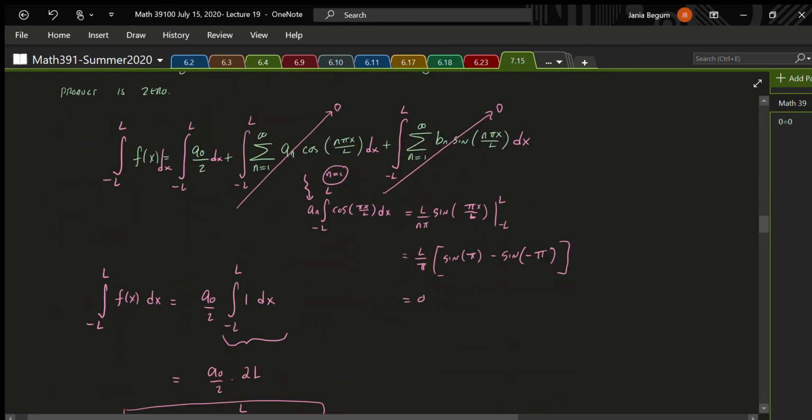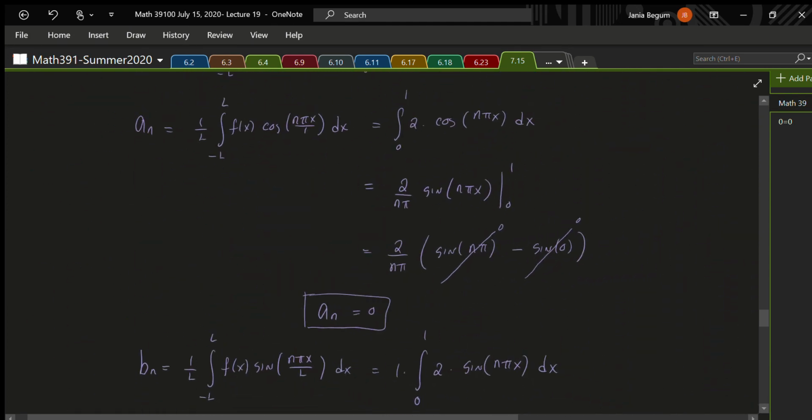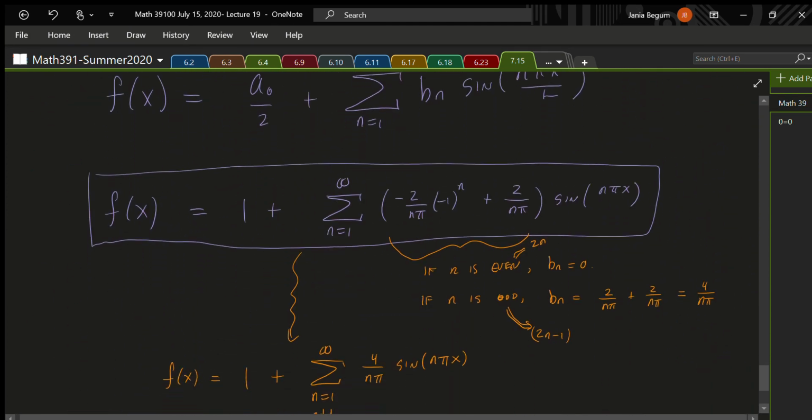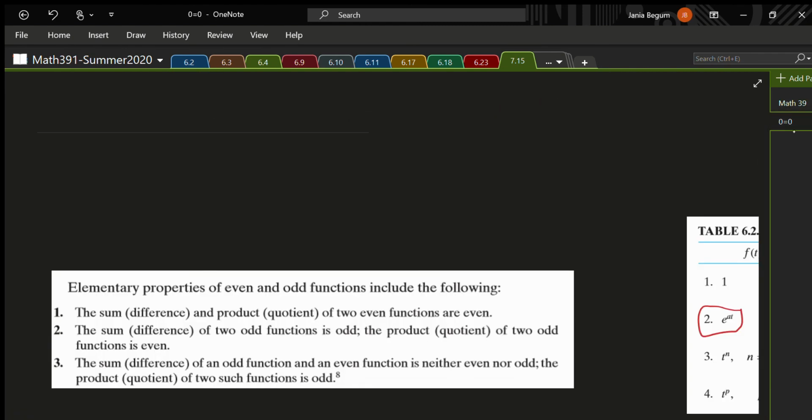Now, I do want to give you a little bit more info before I start giving you more examples. So let's cut down some of the work for computing these coefficients. So here you want to use some properties from odd and even functions. Okay, so that's what I have right here.